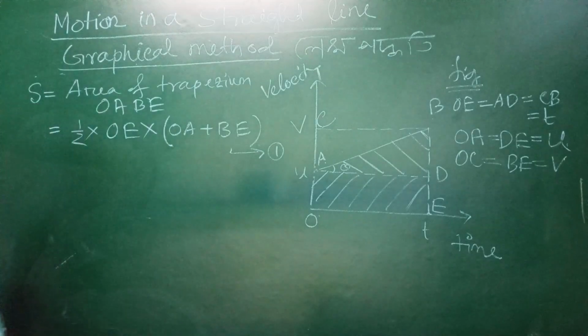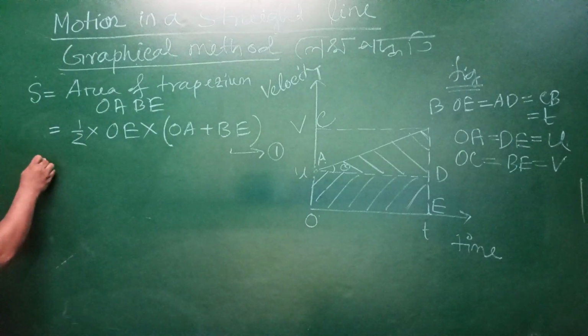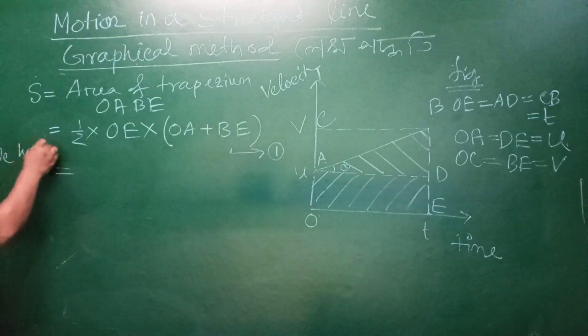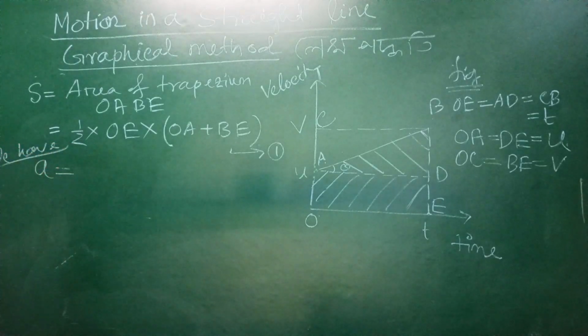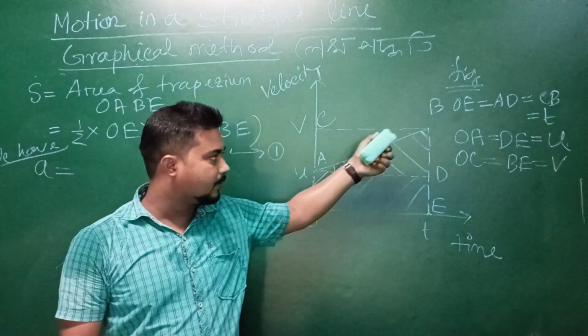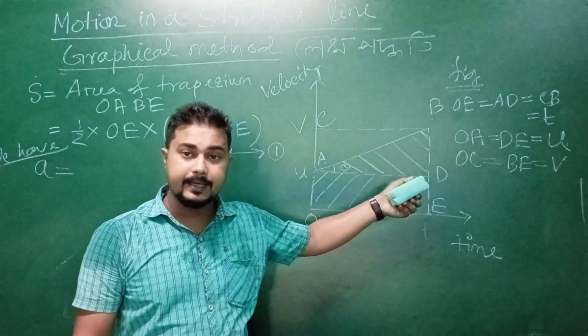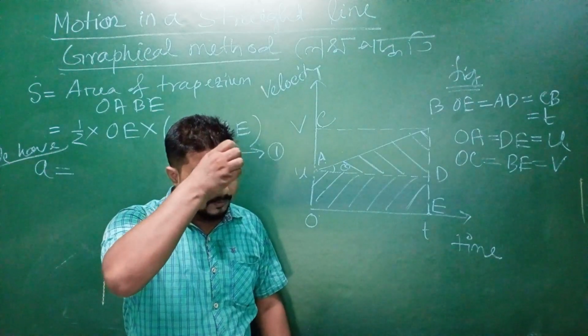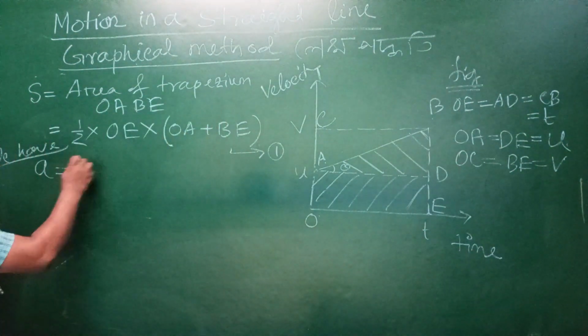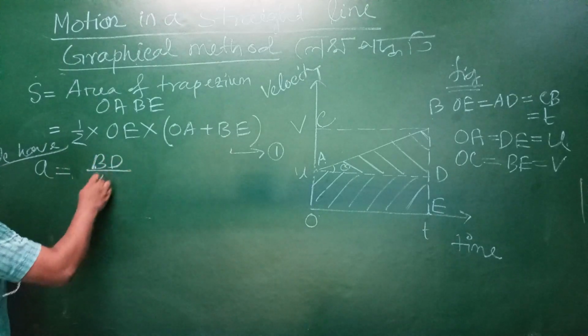Now we can write the expression for the acceleration. Small a is equal to BD by AD. It is the slope of the graph, BD by AD.